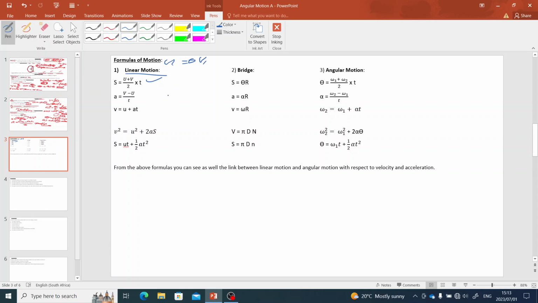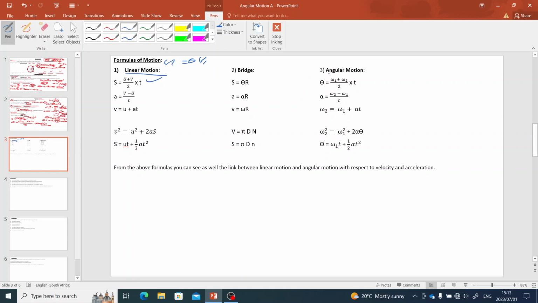In our books I think it is denoted as U, hence I'm using U there. Initial velocity plus final velocity over 2 multiplied by time. This is the motion that occurred on the linear motion.